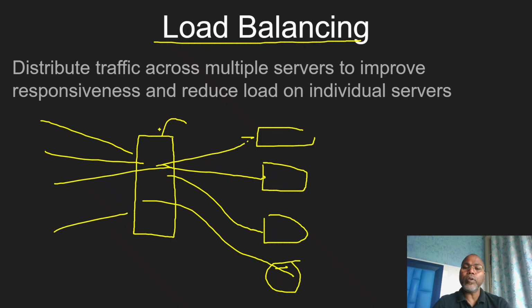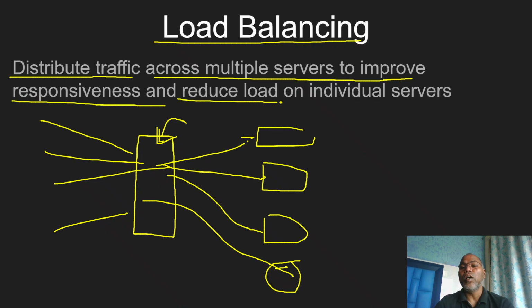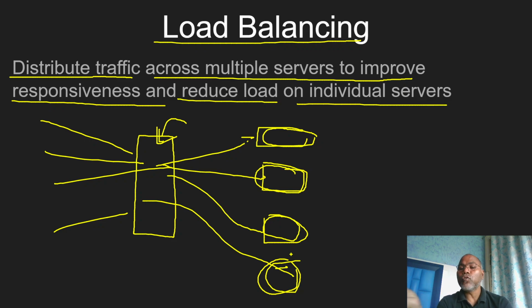So you use an API gateway and load balancing to distribute our traffic across multiple servers to improve responsiveness and reduce the load on individual servers. Instead of every request going to a specific server, we can distribute the requests across multiple servers so that each server has enough capacity to respond quickly.